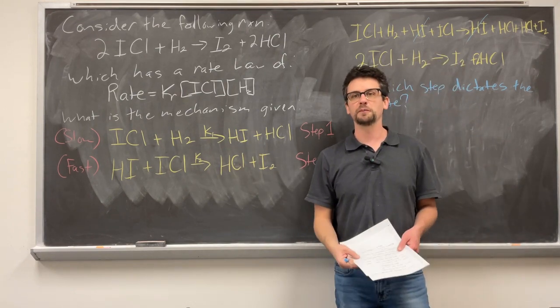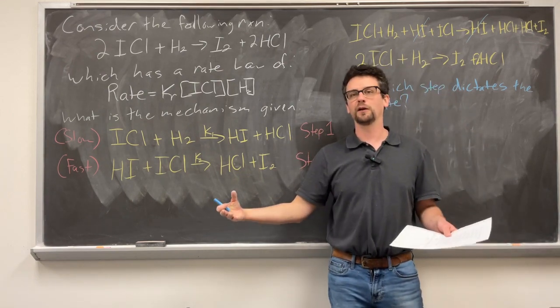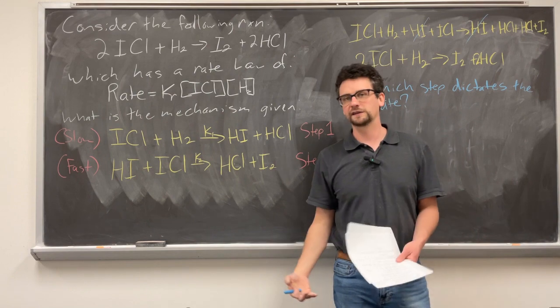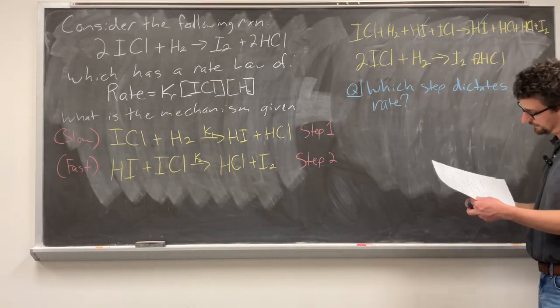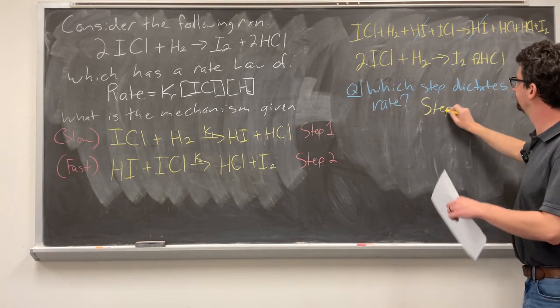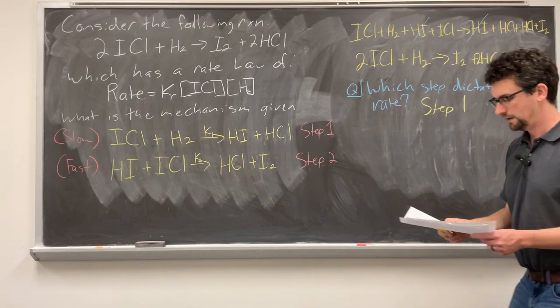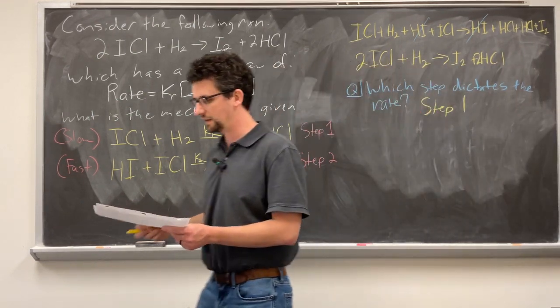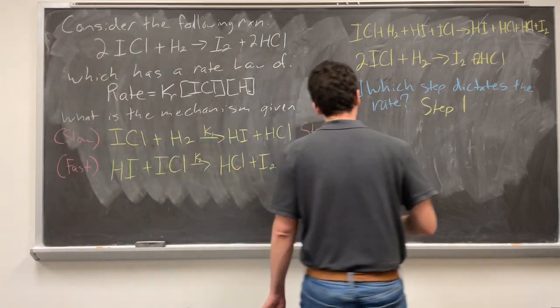Might have heard the term, you're only as fast as the slowest buffalo, or if you have a herd of buffalo, the herd moves along with the slowest buffalo. Same sort of thing happens with reaction mechanisms. So the answer to this is step one. Okay, so let's consider what the rate would be based upon step one as an elementary step.